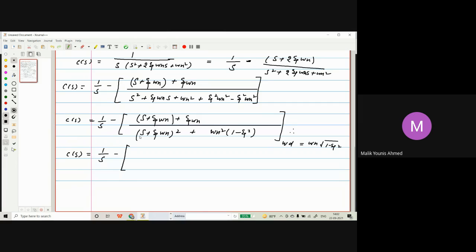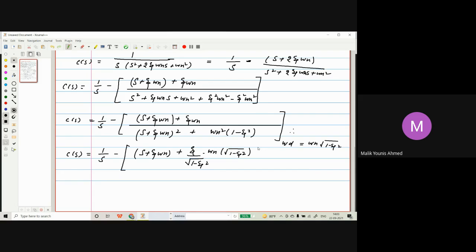So what I will be doing here, please see, I will write this as it is, no problem. Now I will divide this term by under root of 1 minus xi square, and I will also multiply this by xi in the numerator. This is what I will be doing in the numerator.